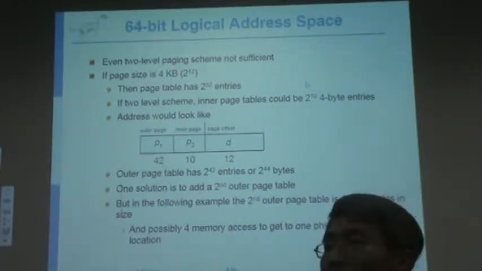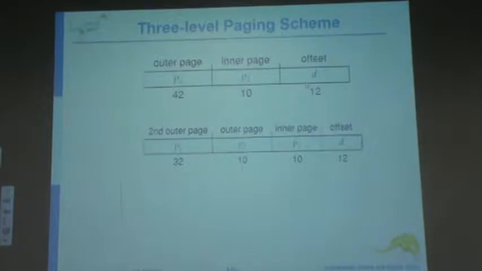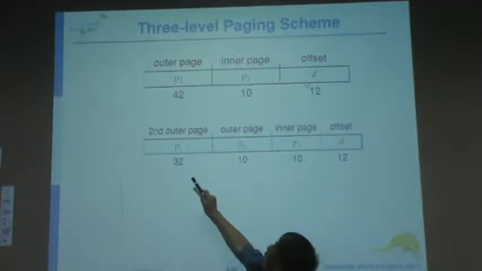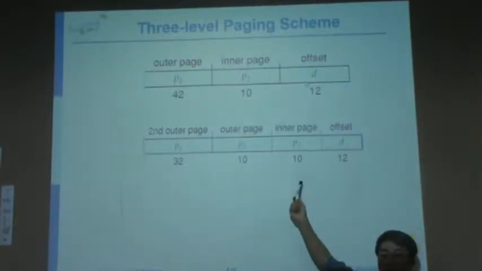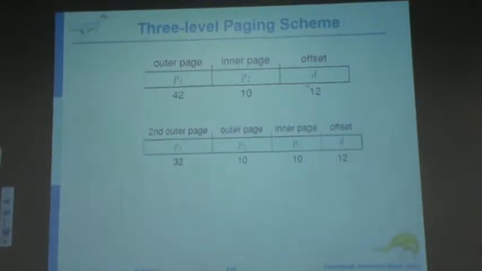Why? Because it allows longer address format. So you can limit the size of the files and size of the memory. Even you can implement the second outer page, inner page: top level, middle level, then lower level, and offset.